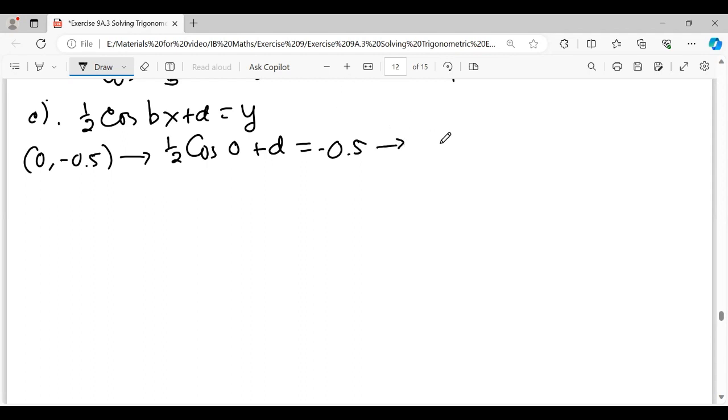It means half, because cosine 0 equals 1, plus d equals -0.5. So d equals -0.5 minus half, d equals -1.